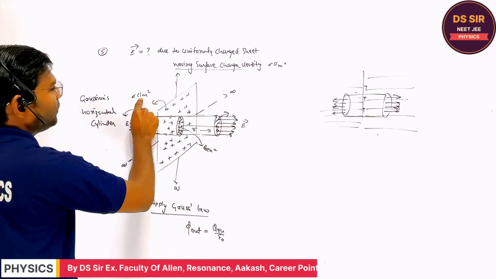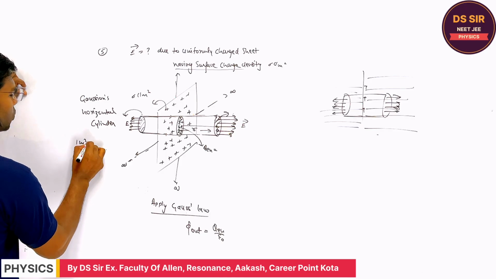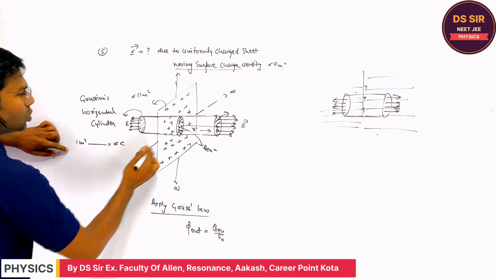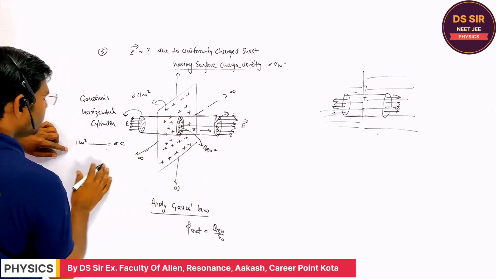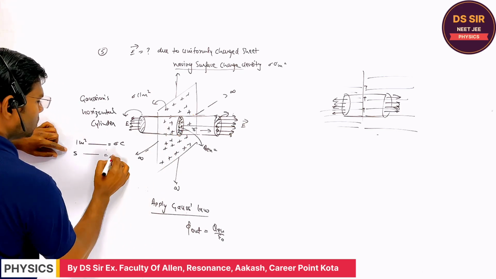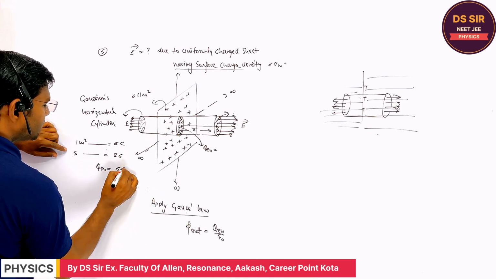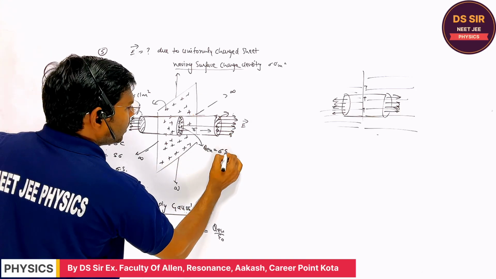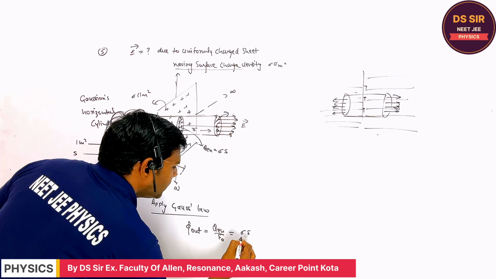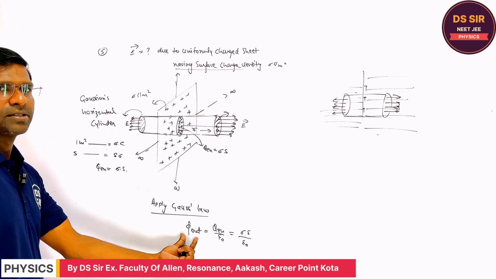If the surface charge density is sigma coulomb per meter square, it means in 1 meter square the charge is sigma coulomb. So what is the area? The area is S. So in S area, the charge enclosed is sigma into S. Now you have to find the outward flux, right?